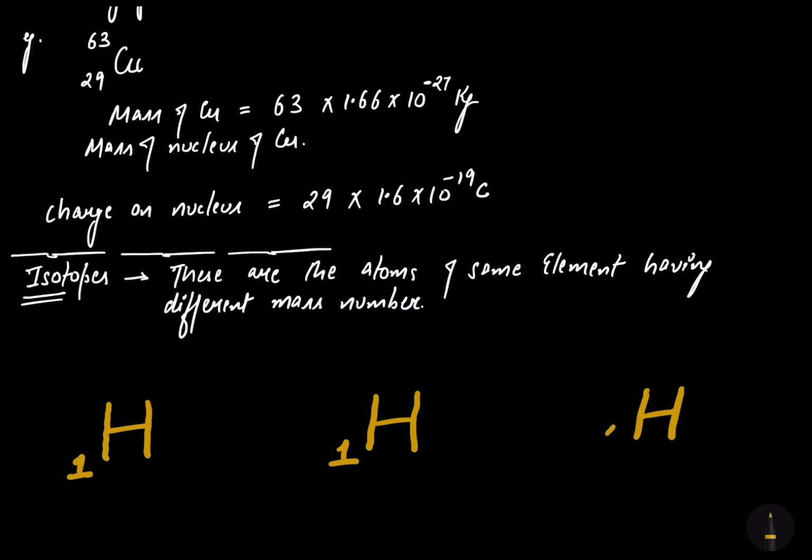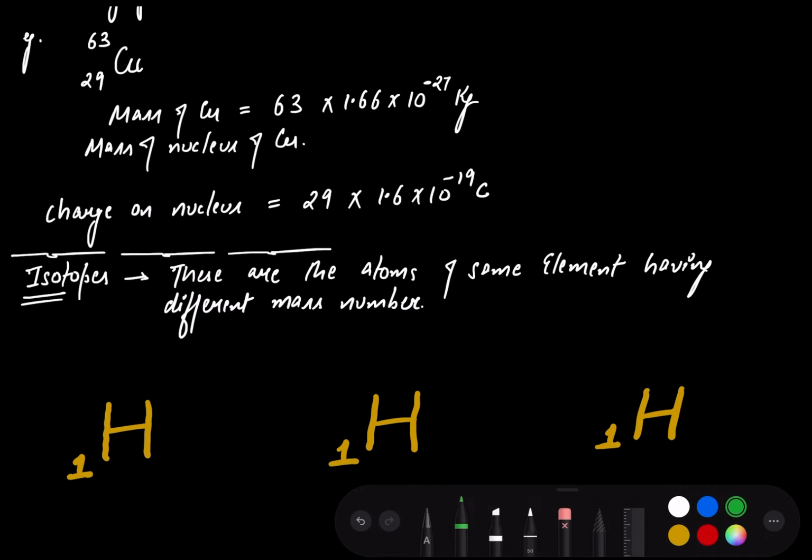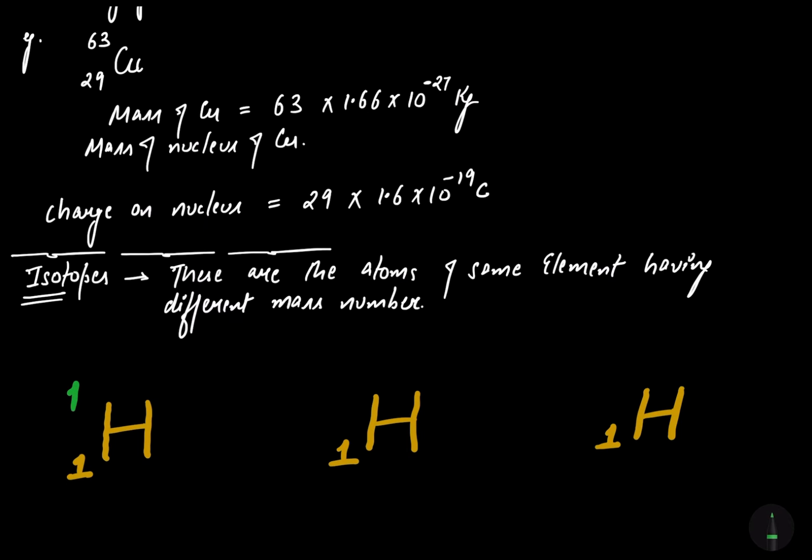It's again 1 and 1. Now, what's the mass number of hydrogen? It's 1. When it's 1, then this is called protium. Now, when the mass number is 2, then it is called deuterium.